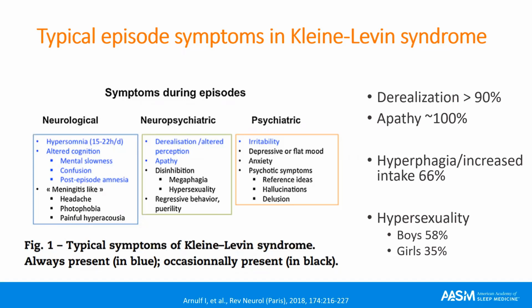So just really a sense that what is happening is not real, like reality is altered in some way. It happens in probably at least 90% of people during a Klein-Levin spell. And apathy is nearly universal as well. And so those things in combination with sleeping 15 to 22 hours a day, again, make people completely non-functional during a typical Klein-Levin spell, even though they are normally functioning in between.